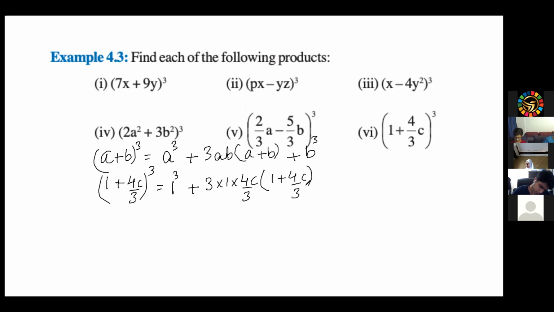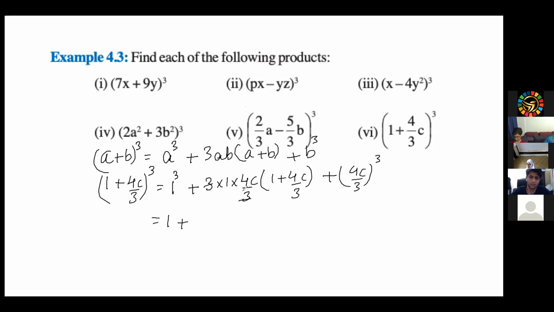A is not there in our question, only 1. Last term is 4 upon 3c whole cube. So 1 cube is 1 only. What is the second term? I can cancel out 3 in numerator and 3 in denominator because all are in multiplication.